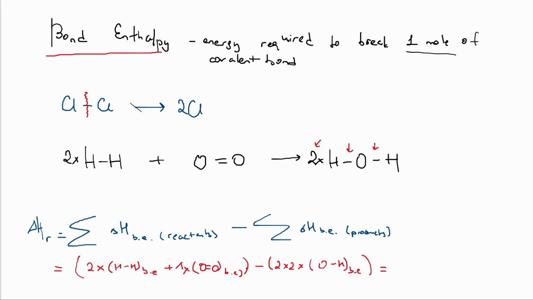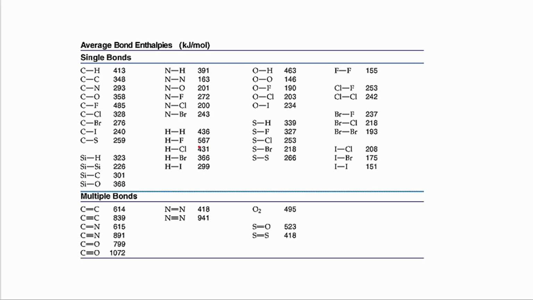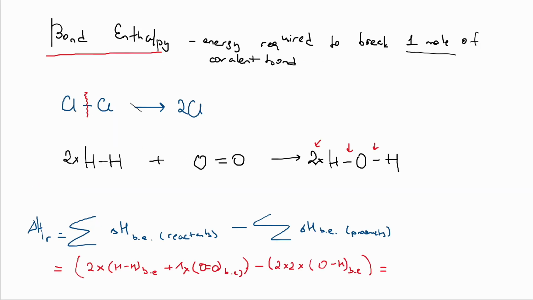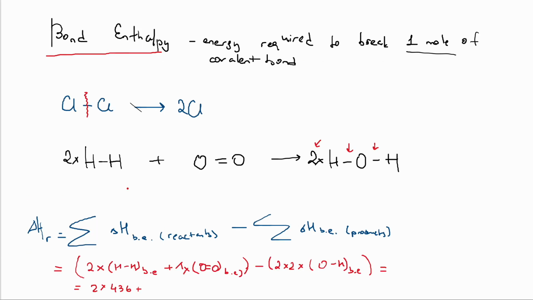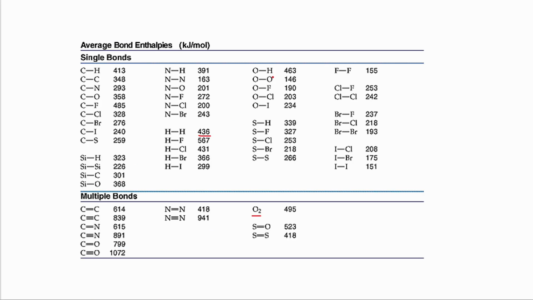Let's try to calculate. The HH bond is 436, so 2 multiplied by 436, plus the O double bond, here oxygen is 495, 1 multiplied by 495, in brackets minus 4 multiplied by the OH bond. OH is here 463.